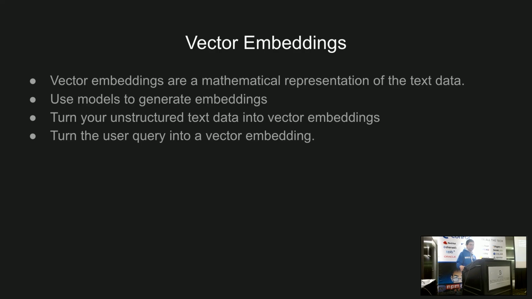The way it works is you turn that unstructured data, which can be PDFs, web pages, CSV data, or any kind of data, into vector embeddings. Then you also turn the user's query into embeddings, and you do a semantic search over the data source, which is the unstructured data. Then you extract it and feed it back into the prompt.